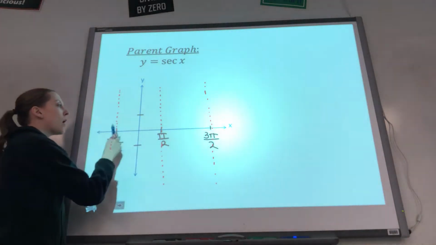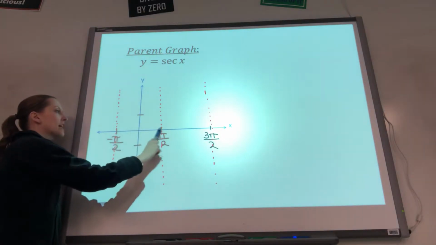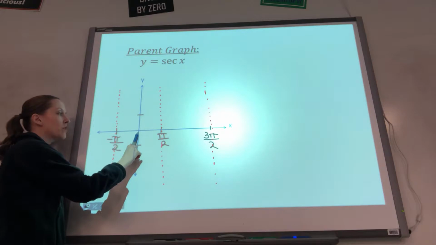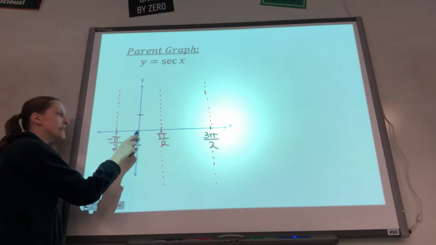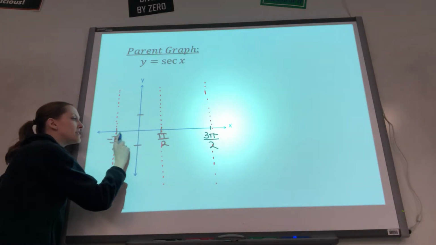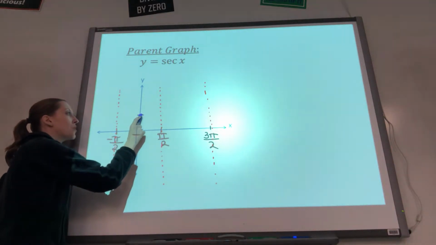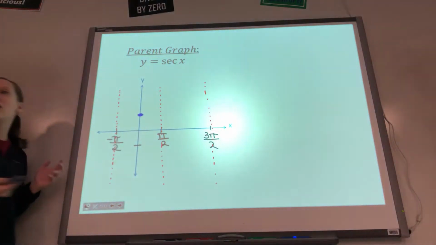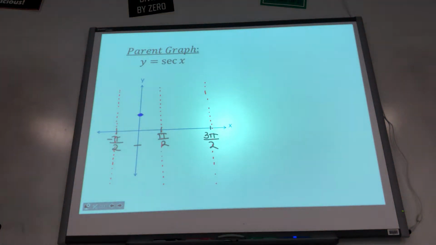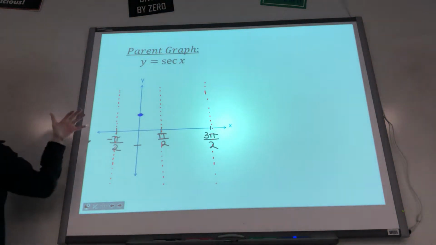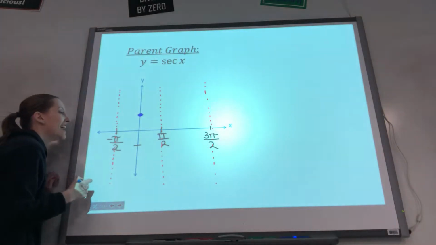So for the first part of the graph, you're going to come halfway between these first 2 asymptotes, which actually puts us at 0. But then once you're halfway between, move up to wherever your amplitude tells you. In this case, the amplitude is 1. So I move up to positive 1.